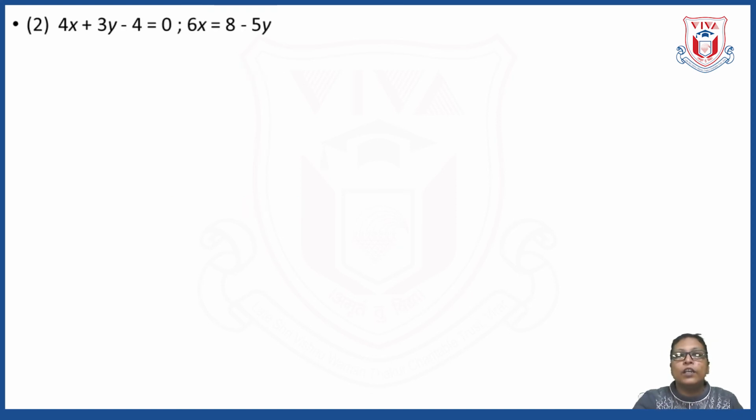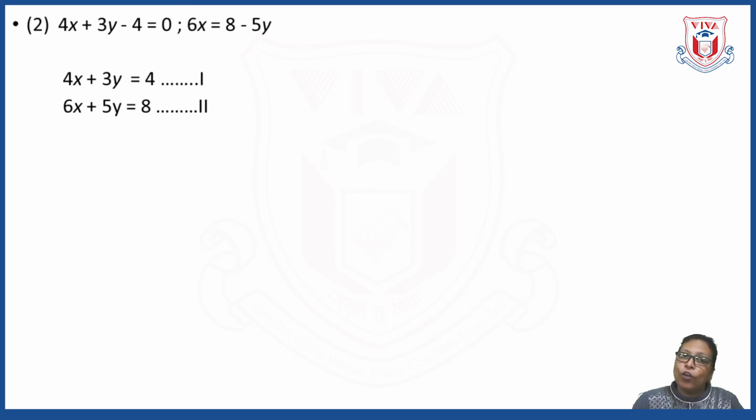Let us go further. Let us solve one more problem here. I have chosen this problem because you will observe that the equations are not in standard form. They are not in the form ax plus by is equal to c. So first of all, while numbering them, you write them in the standard form. The first equation you can write as 4x plus 3y is equal to 4.